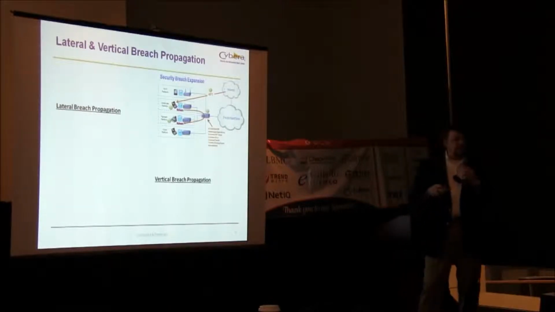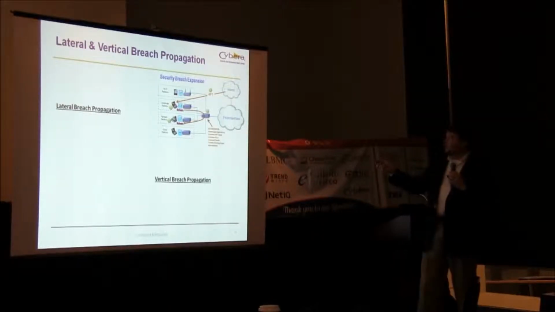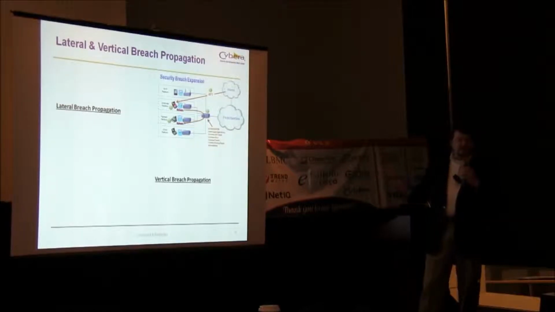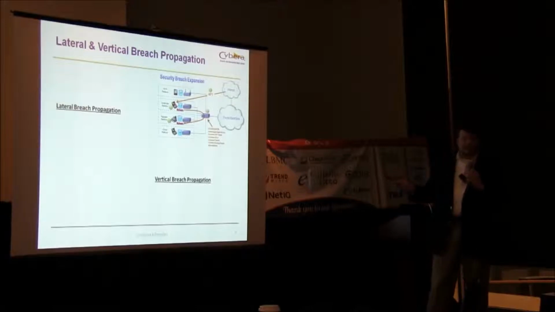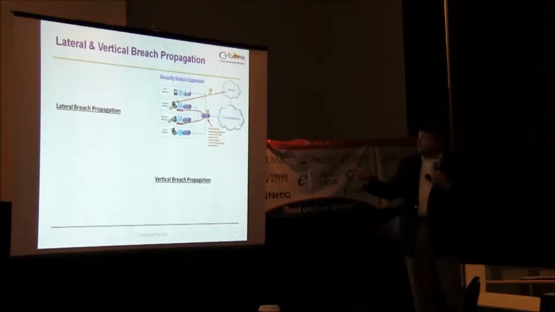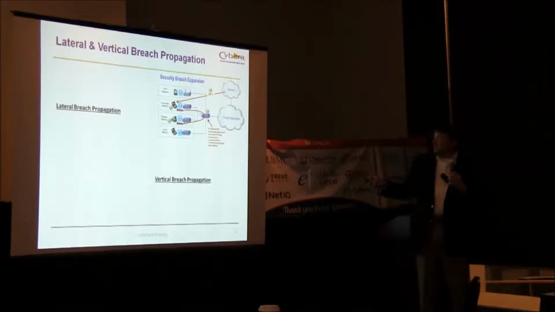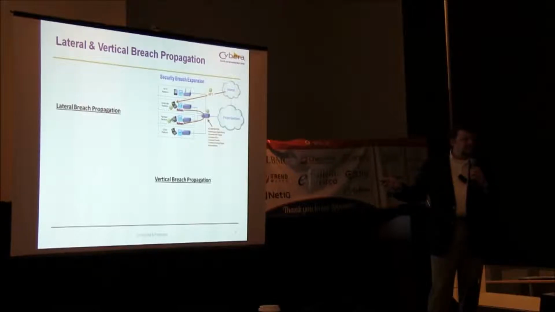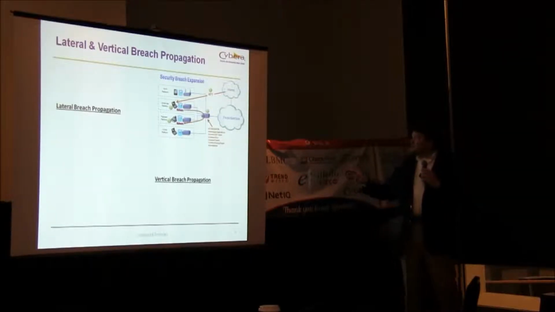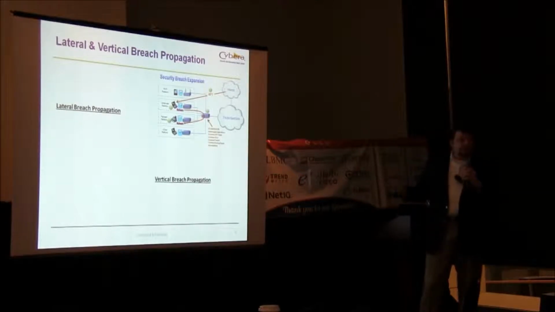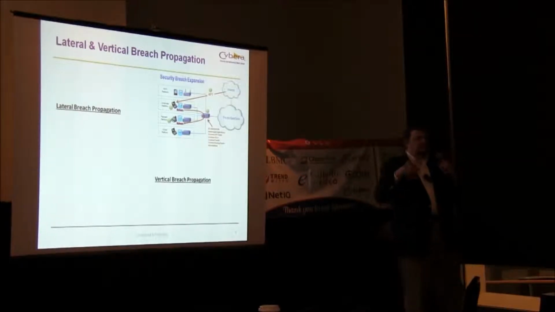We talked about a few of them here, but one way or another, it gets in, and it gets onto some system in that network. And from there, there's a couple different ways that they could get through. One, you could possibly have these different LAN segments, and you could have some PC over here that's connected to multiple segments. That's a big no-no, and that's happened, and that has been a result of some of the breach propagation that's happened.